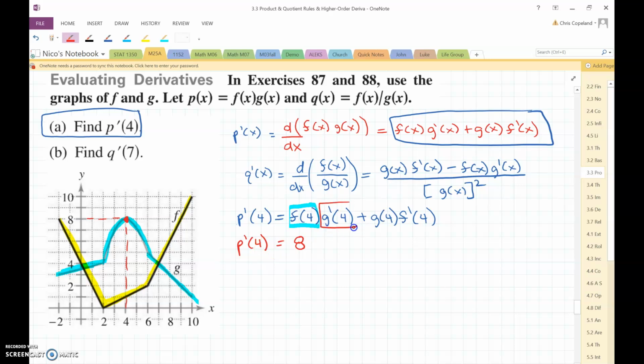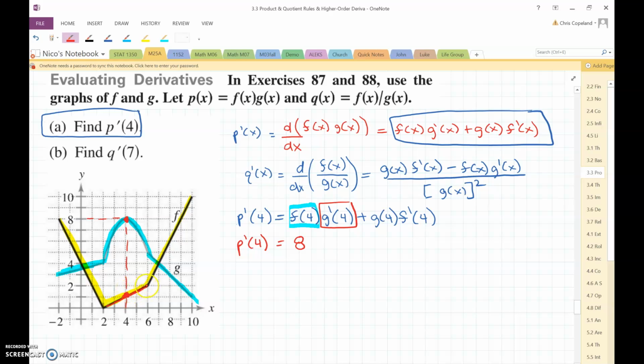Next, we're going to do g prime of 4. So we're going to find the slope of the point right here when x is 4. So basically we're going to find the slope of this line here.